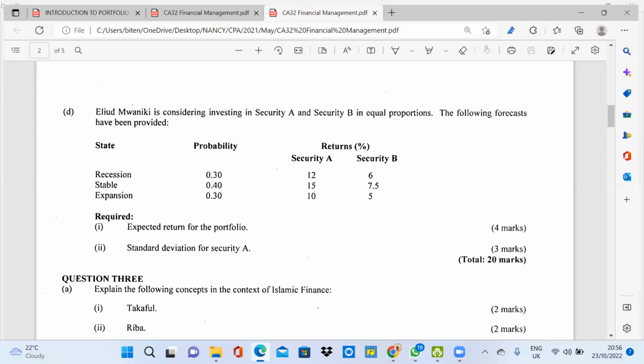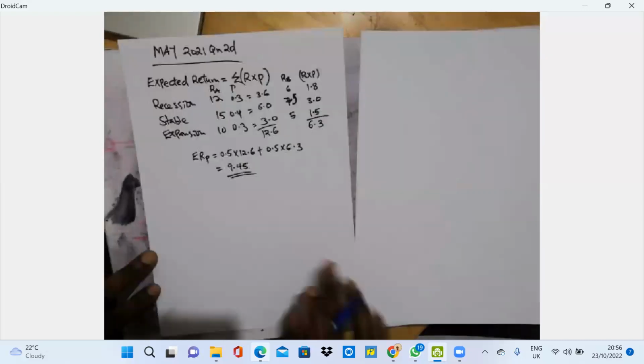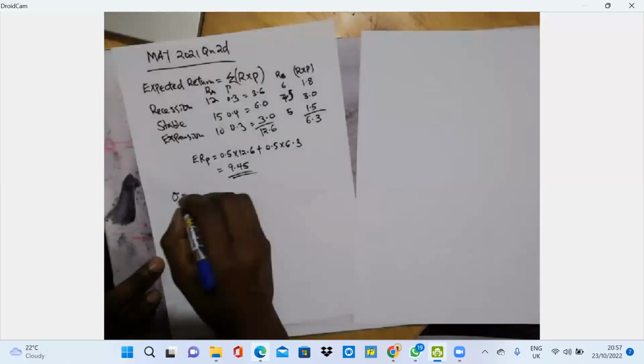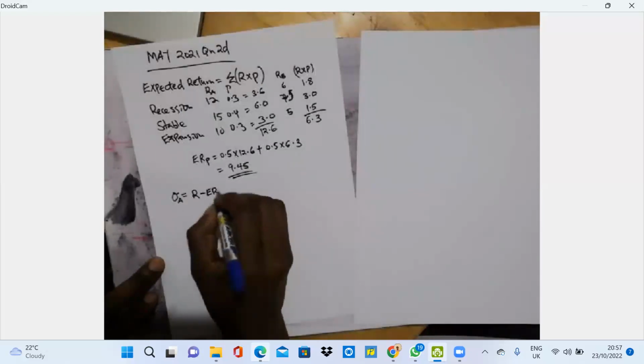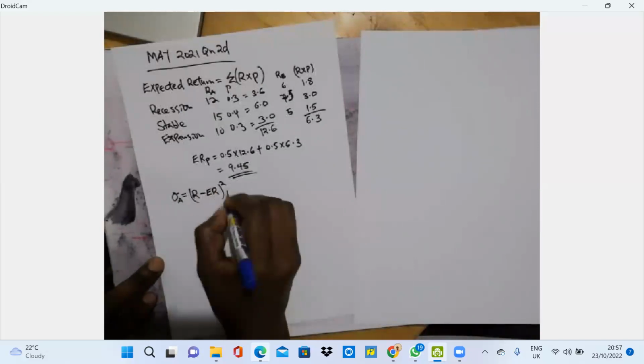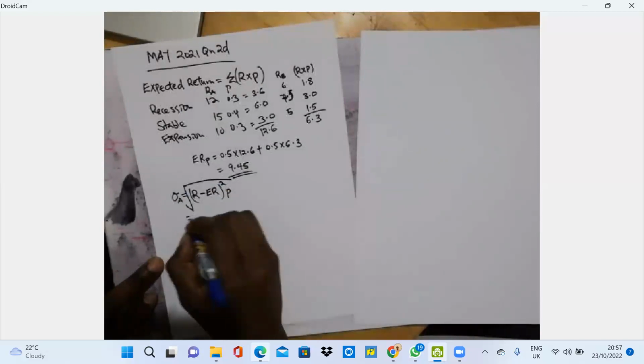And the standard deviation for security A. To get our standard deviation for security A, we take the return minus the expected return, square it, multiply by the probability, and get the square root.